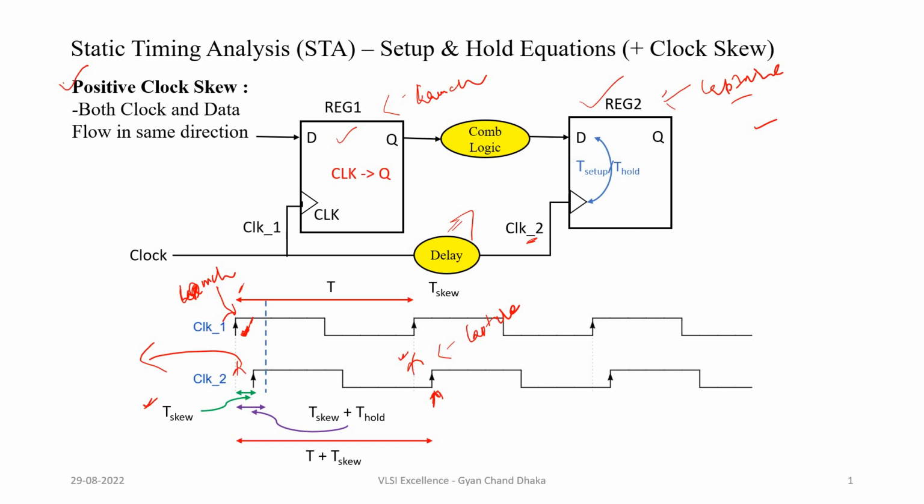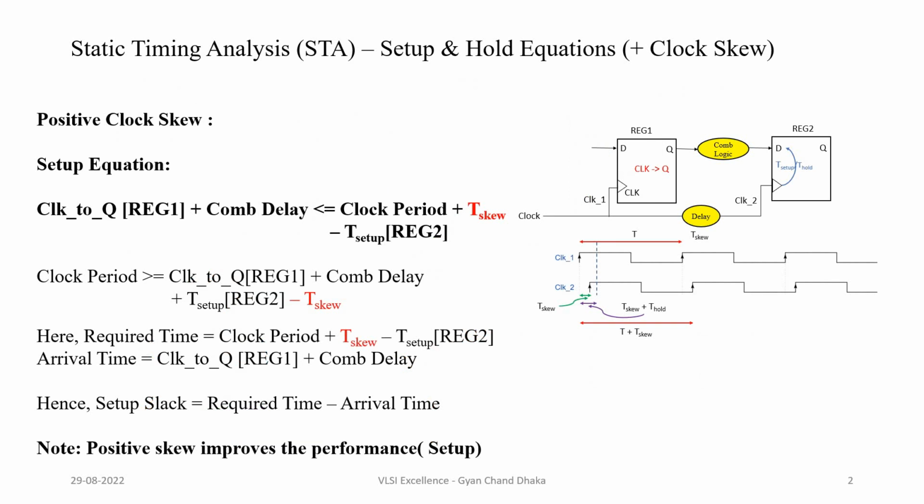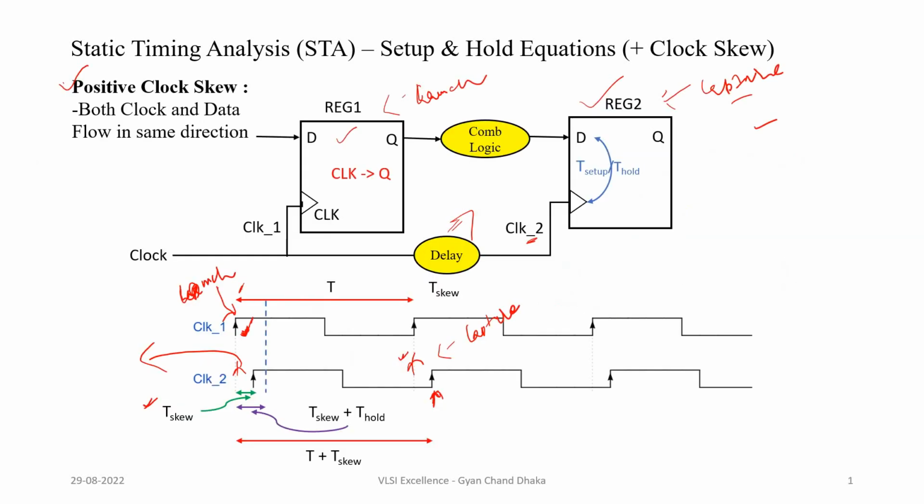Now let's see how this T skew will come into our calculation of setup and hold equations, and how it will impact the setup and hold timing constraints. With positive clock skew, ideally speaking, this is positive clock skew because the delay is getting increased between the launch and capture flip flop.